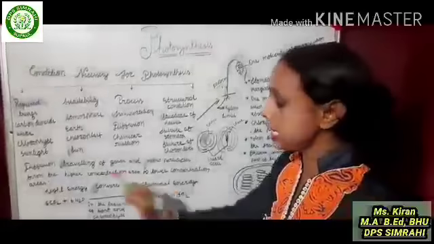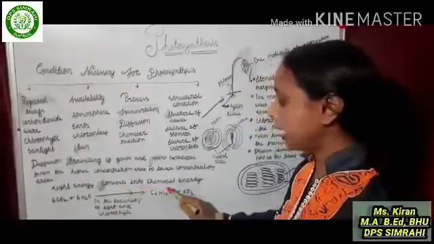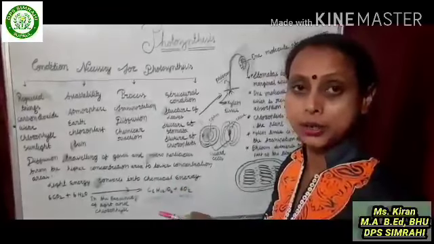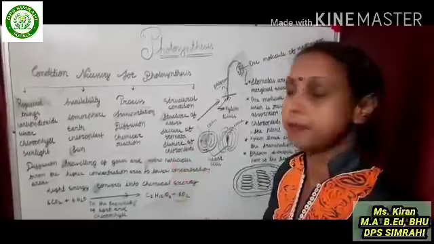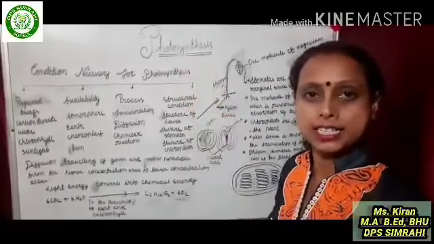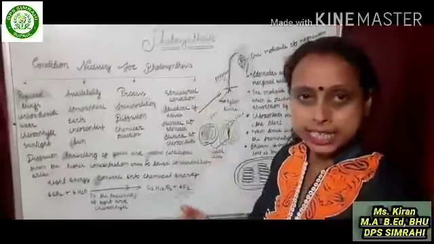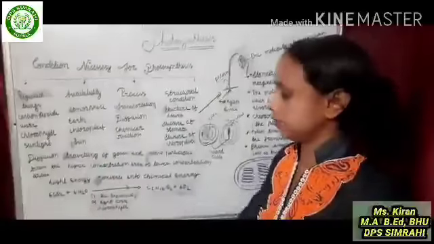The second one is that light energy is converted into chemical energy, and energy is actually required for every living thing, like plants, like us. How do plants get their energy? You can see this chemical reaction.